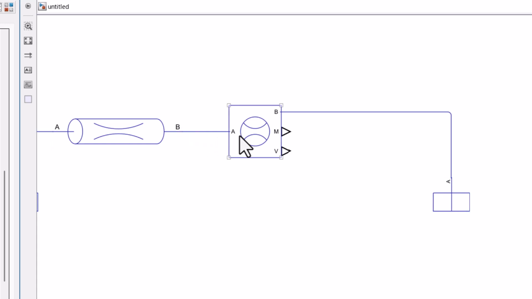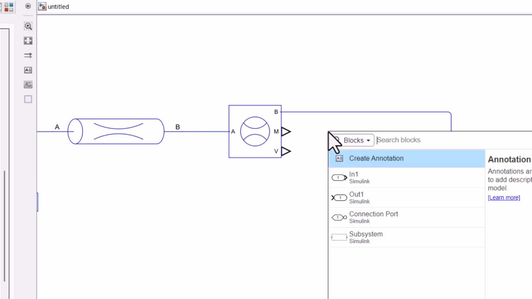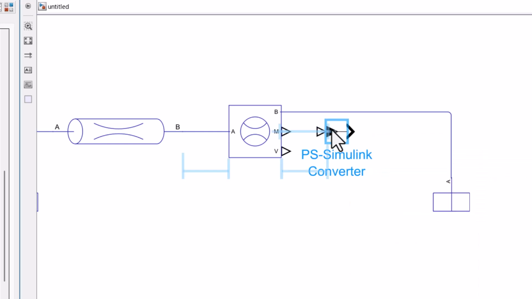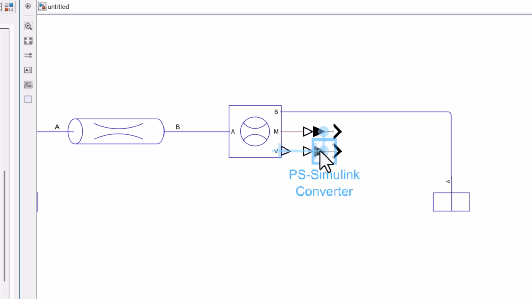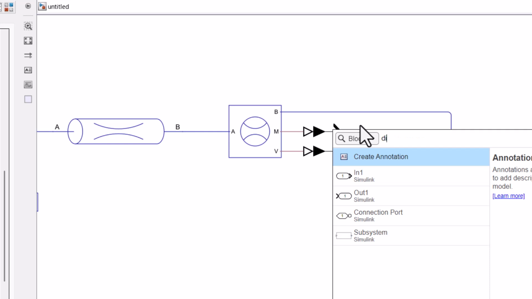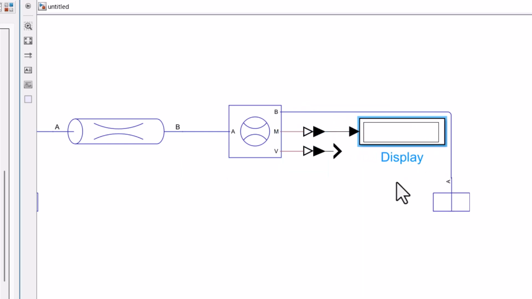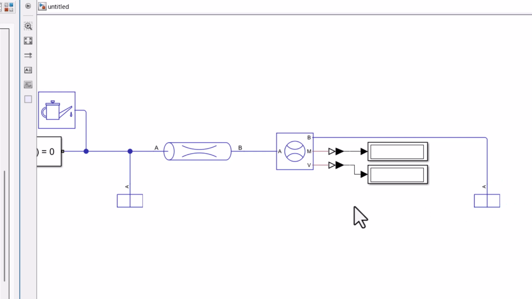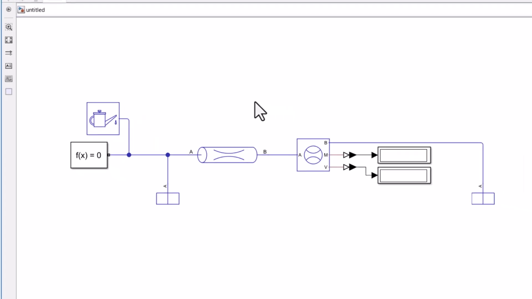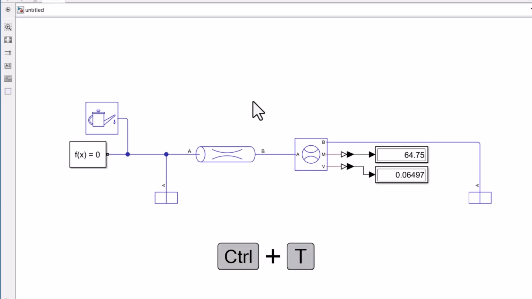Now all of the fluid has to pass through this sensor, and I add two PS Simulink converters just to be able to display the result. Okay, now I run the model by pressing Ctrl T.